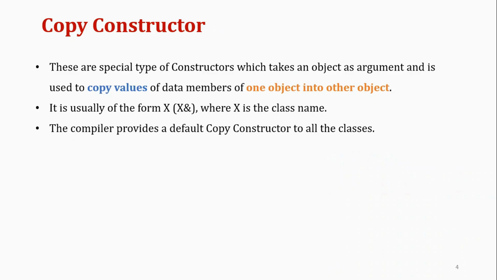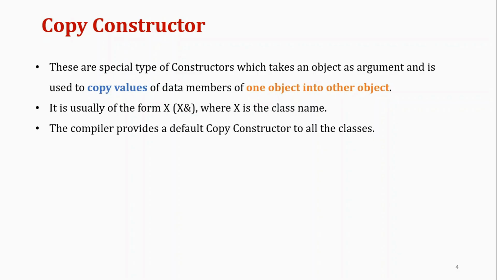The general form of a copy constructor is the class name, inside the brackets const, the class name, ampersand object. That ampersand object is the reference to an existing object. The class name is the name of the class for which the constructor is going to be created. The compiler will automatically provide a default constructor if you do not define one.